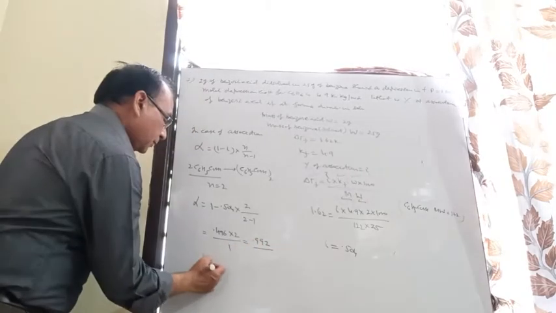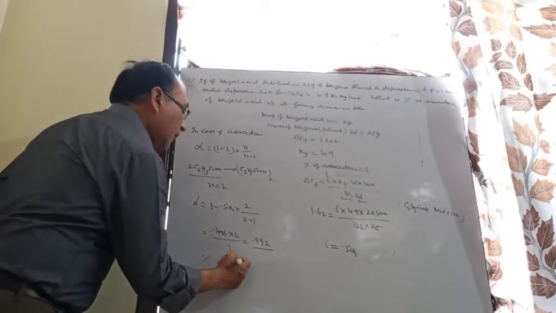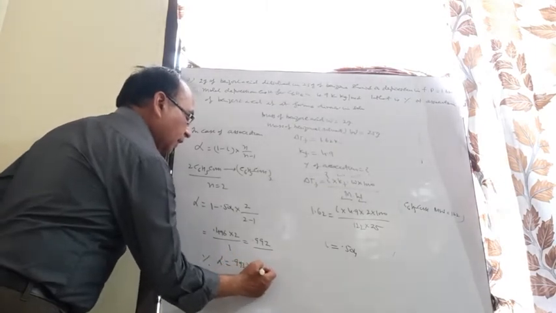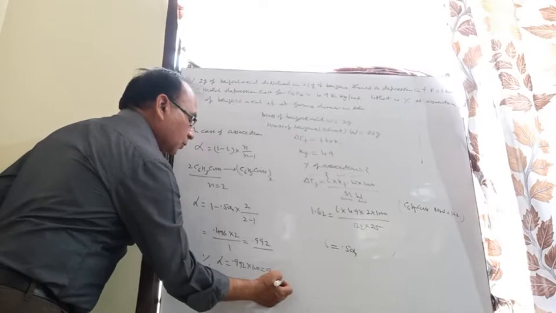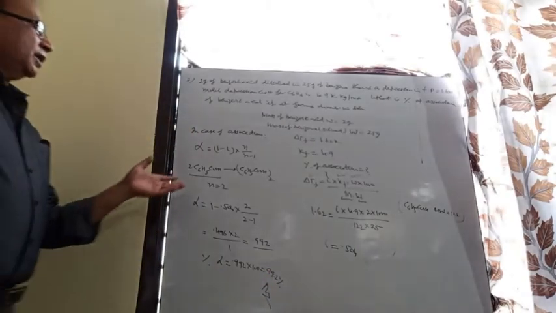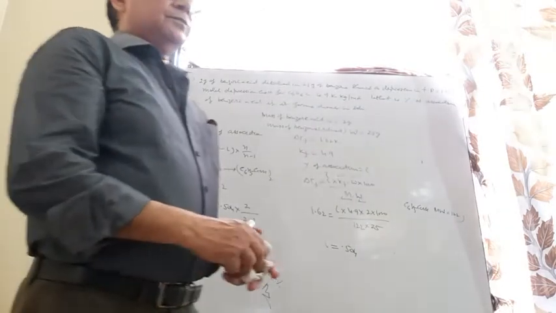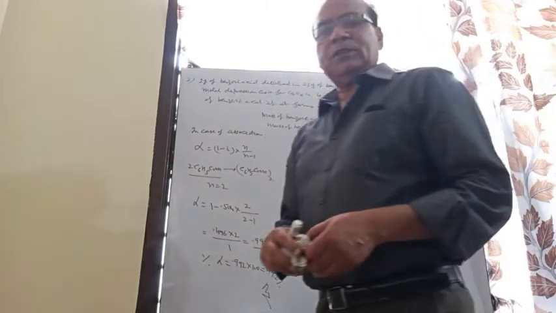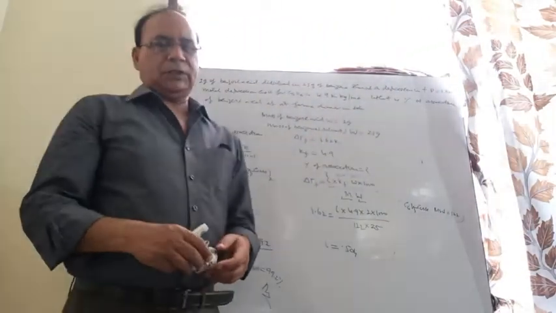In percentage of association, 0.992 into 100 is equal to 99.2%. So this is the answer. In this way we can calculate the degree of association. In the previous example we took degree of dissociation.